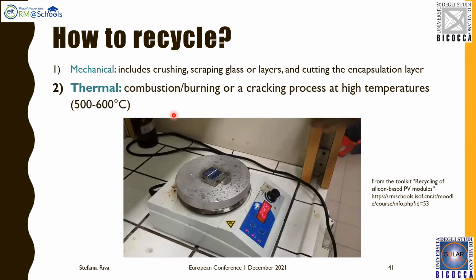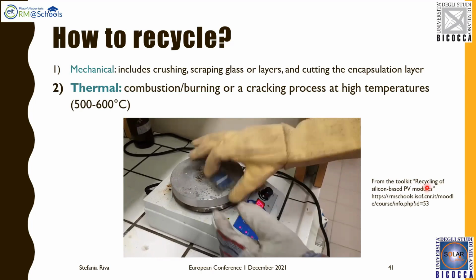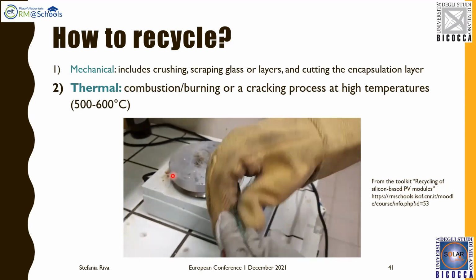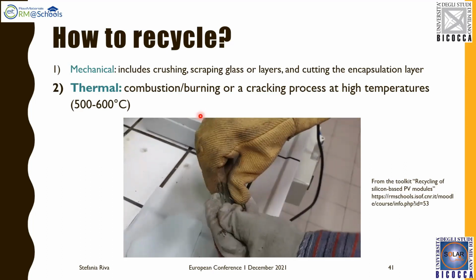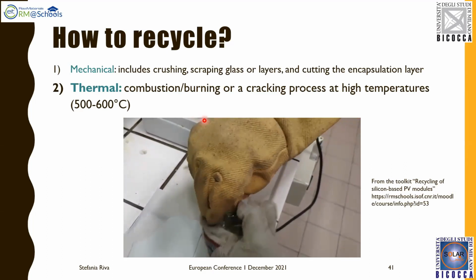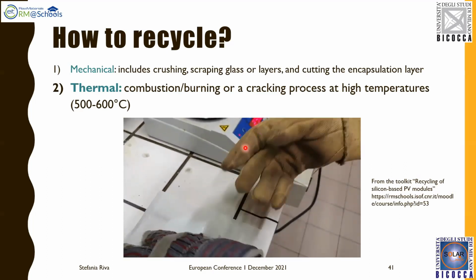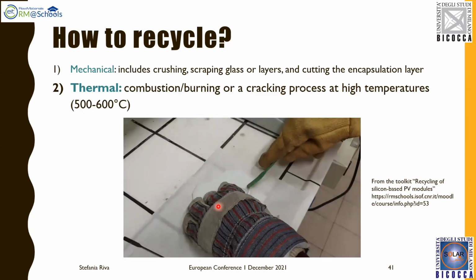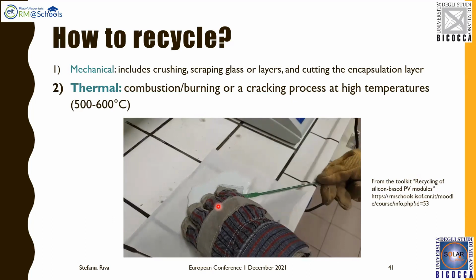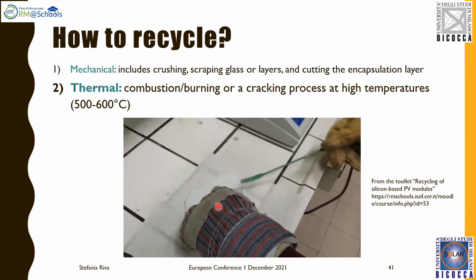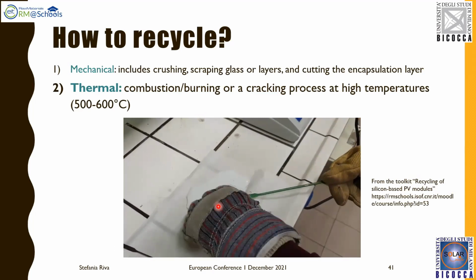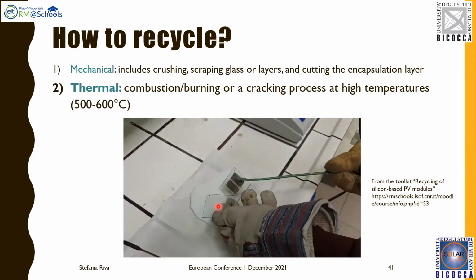And here is a video from the recycling of silicon-based PV modules, where these PV modules were on the heating plate. And since the encapsulant, the glue, is now molten with the heat, the mini module can be opened.